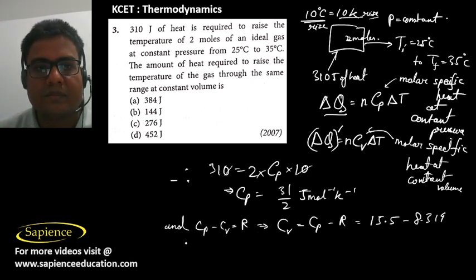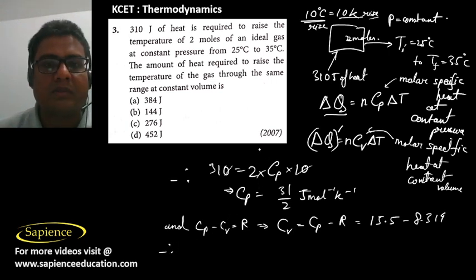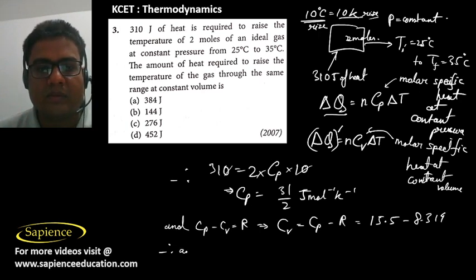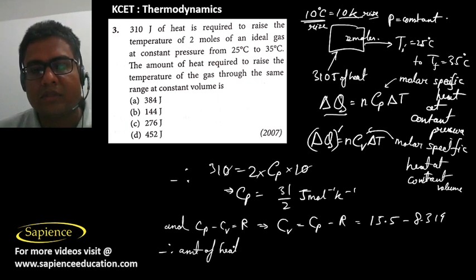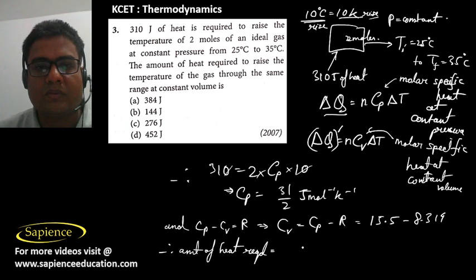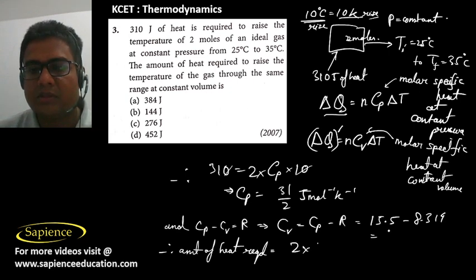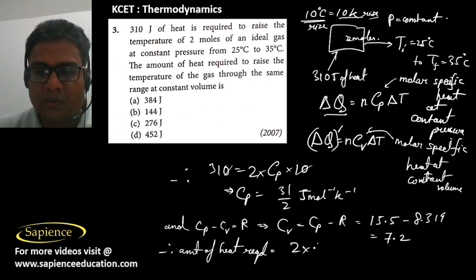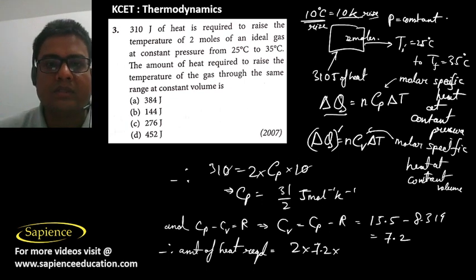This is Cv. So now therefore the amount of heat required to raise the temperature of the gas through the same range at constant volume will be equal to n, which is 2, into Cv, 15.5 minus 8.3, that is approximately 7.2, to raise the temperature of the gas through the same range.